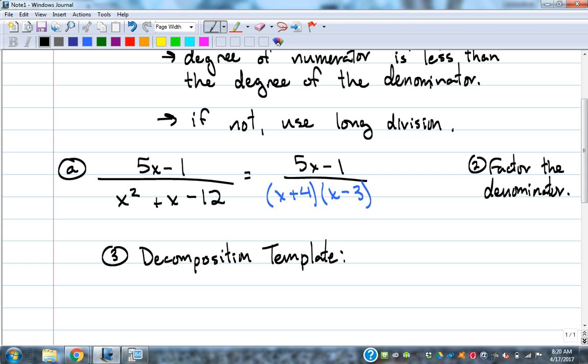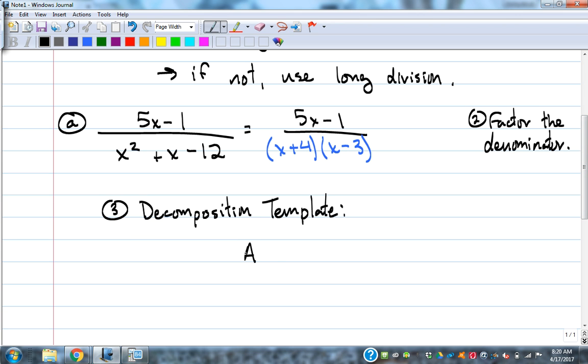So with the decomposition template, what we're doing is we're saying, okay, here's a fraction that was built from different fractions. This one has how many factors in the bottom? 2. So it must have been built from 2 different fractions. Okay, those fractions look something like this.